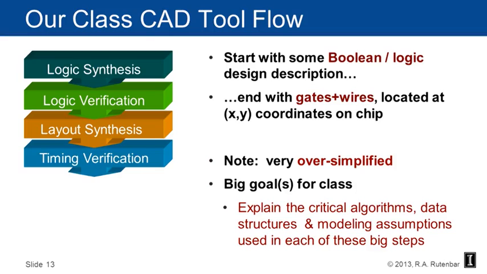And then the gates and wires go into a layout synthesis set of tools that actually arrange them on the surface of the chip, which is just a big rectangle, and decide X, Y coordinates for all of those things. We're also going to look just a little bit at timing in this universe, so we can try to figure out something about how long things actually take in a fairly simple way.